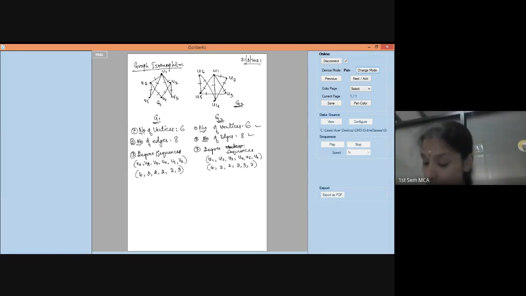Now let us see if the degree sequences of both these graphs match. In G1, we have one vertex of degree 4. Here also we have one vertex of degree 4. There are three vertices of degree 2 in G1. Here also you have three vertices of degree 2. Here you have two vertices of degree 3.